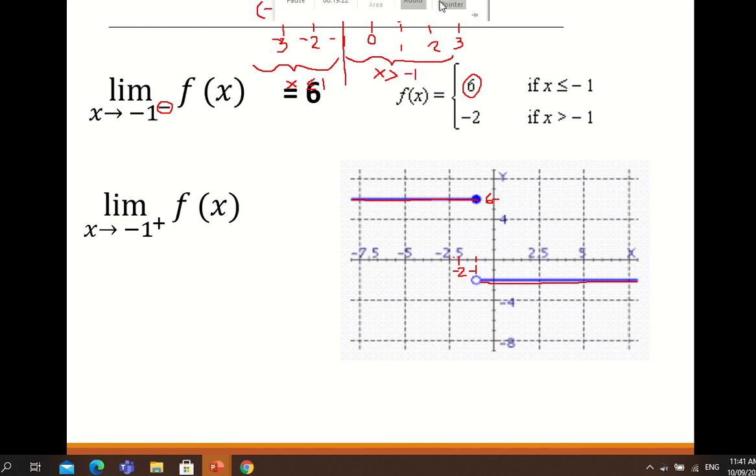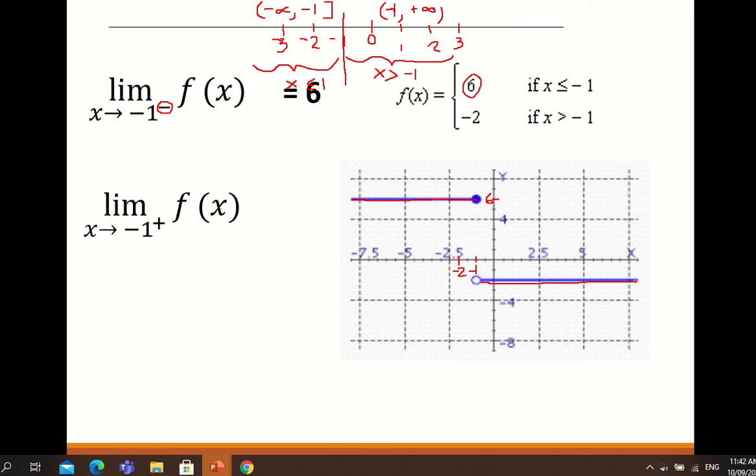If that is a parenthesis, it means, class, that -1 here is not included. That's why you can see that this is a hollow point, which indicates that it is not included.